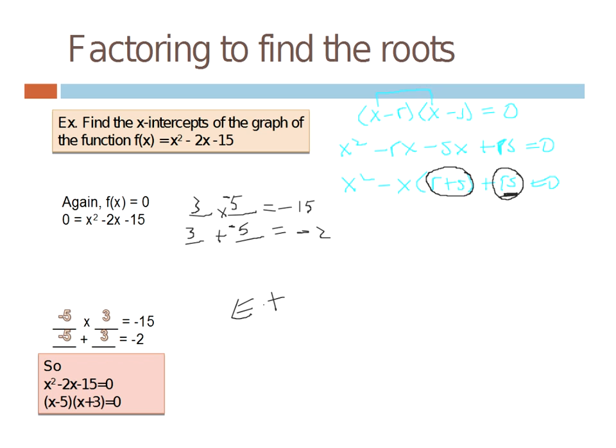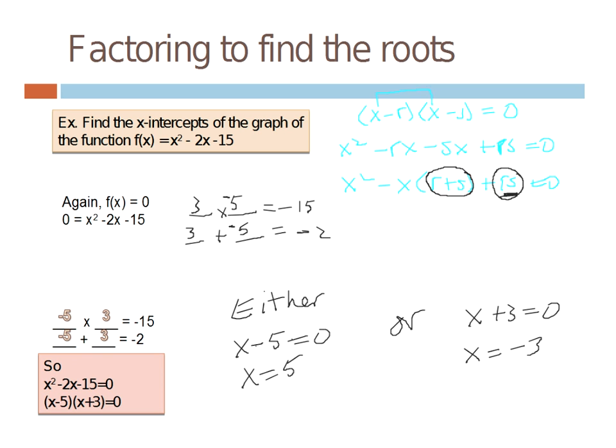So either x minus 5 equals 0, or x plus 3 equals 0. And so this would mean that x equals 5. We're not surprised by this. We've had this answer before. Or x equals minus 3. And so this is factoring.